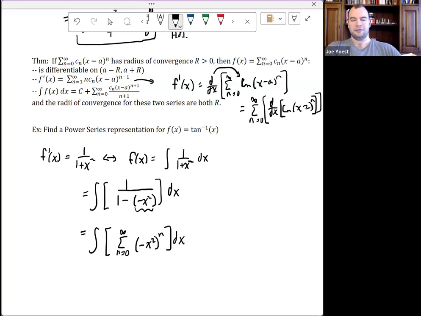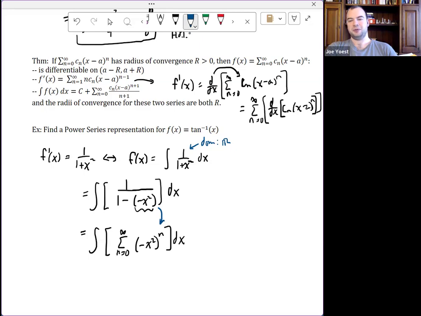Now, I do have an important note here. So 1 over 1 plus x squared, domain is all real numbers, right? 1 plus x squared is strictly positive, never going to be 0. Domain is all real numbers. But when I make this leap here to the power series, well, now I have a geometric series.